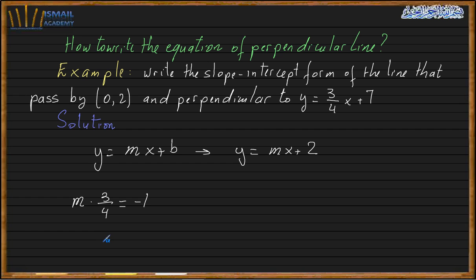I multiply both sides by 4 over 3, which gives me the slope, minus 4 thirds, and y will be minus 4 thirds x plus 2.